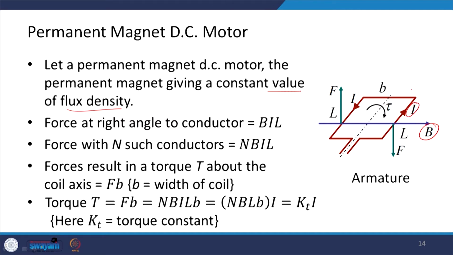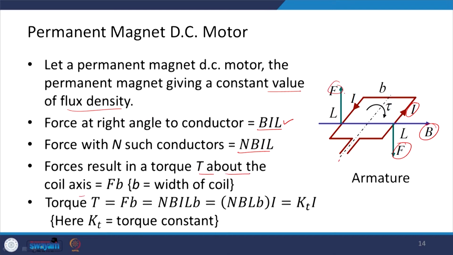If we supply current I through this conductor, then the force acting on the conductor, at right angle to the conductor, is going to be BIL. If we have n such conductors, this force is n times that, and the force results in a torque T about the coil axis.